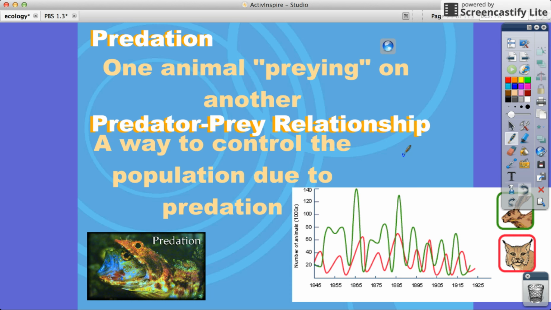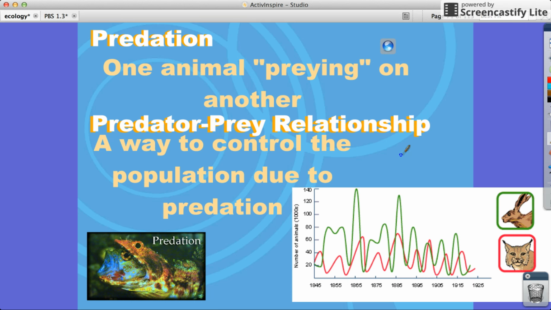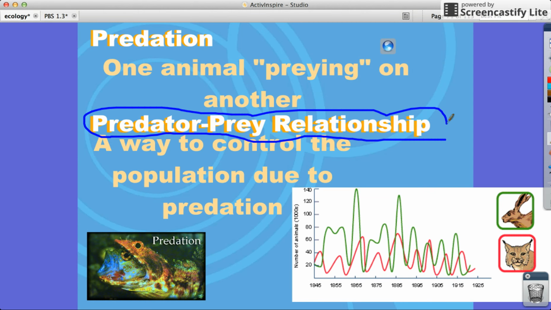Predation is also going to be based on the population because the more animals there are, the more predation there's going to be. The fewer animals, then the less predation, but it's kind of a tricky balance. We have something called a predator-prey relationship. Yes, if we have more prey animals, the predators are going to thrive, but only to a point.